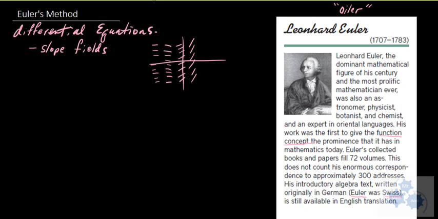So if we were to use a slope field, you would have some sort of function that maybe looked like this, generated by those slope fields. Because at each point, you know what the slope is, but you don't know what the function looks like. So you kind of piece that together. So this in red here is the function that we're looking for, sort of the solution to a differential equation.